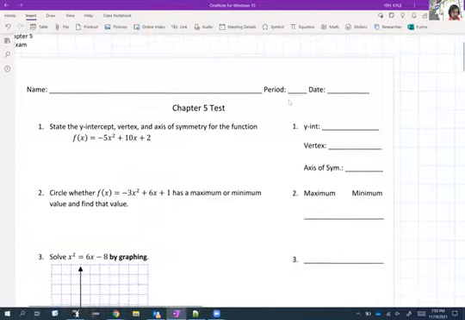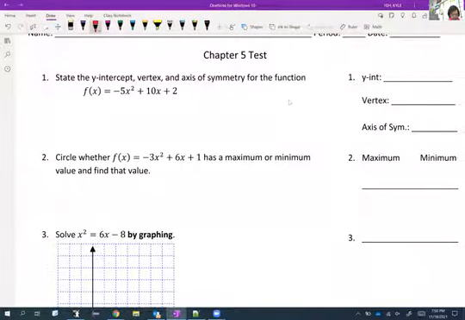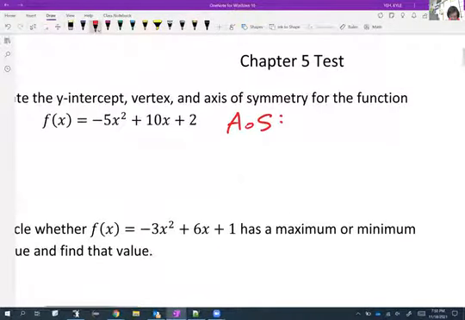Number 1, state the y-intercept, vertex, and axis of symmetry for this function. So I know I'm going to start with my axis of symmetry. And we find the axis of symmetry by using the equation x equals, it's a vertical line, negative b over 2a. So plugging in our values, that would be negative 10, there's my b value, over 2 times negative 5.